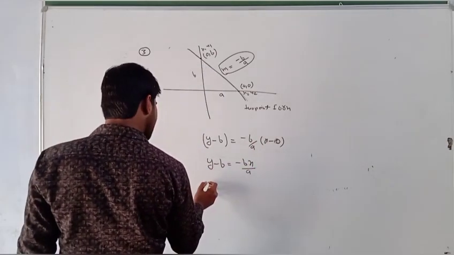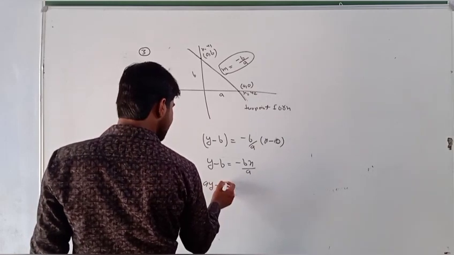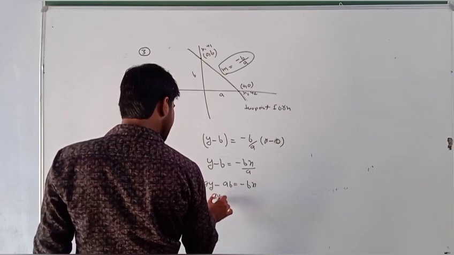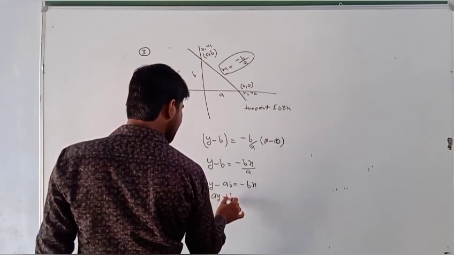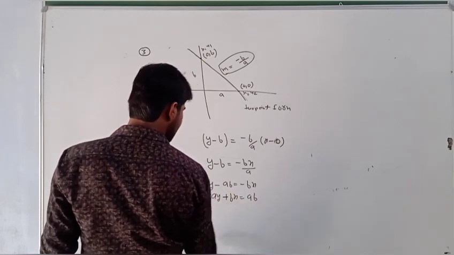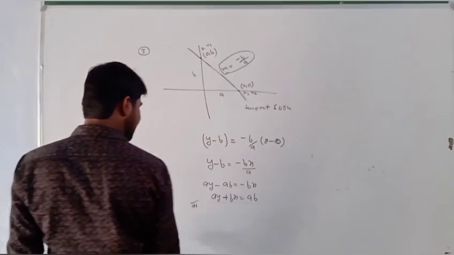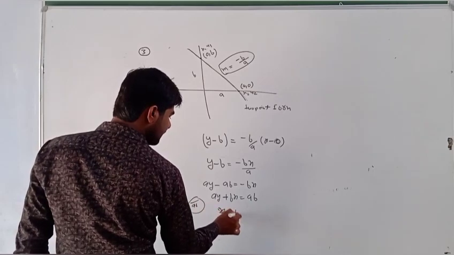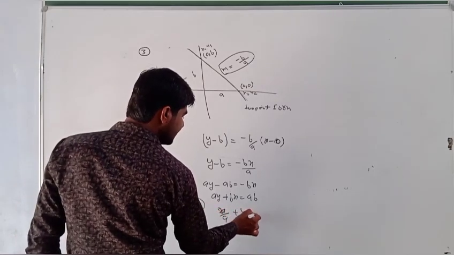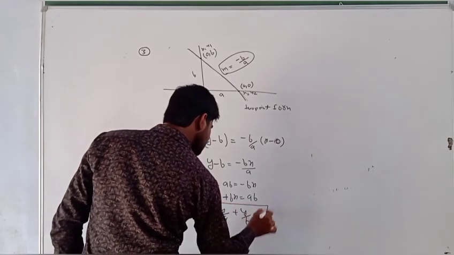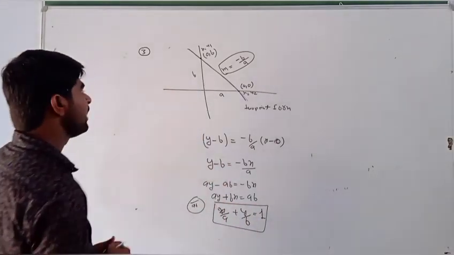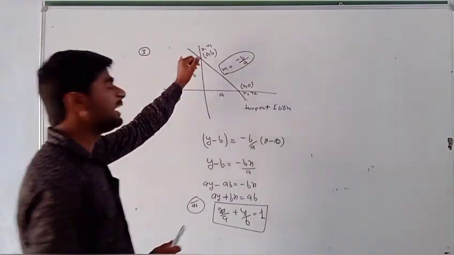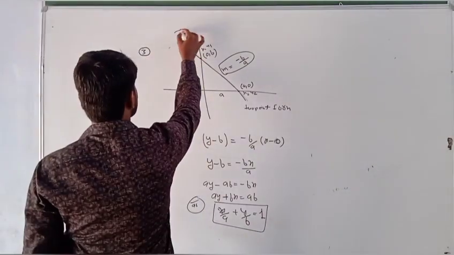This a will go there: ay minus ab is equal to minus bx. So it will become bx plus ay is equal to ab. After dividing by ab, it will become x upon a plus y upon b is equal to 1. Note it down. Very important. So which form is this? Intercept form. Completely intercept form.